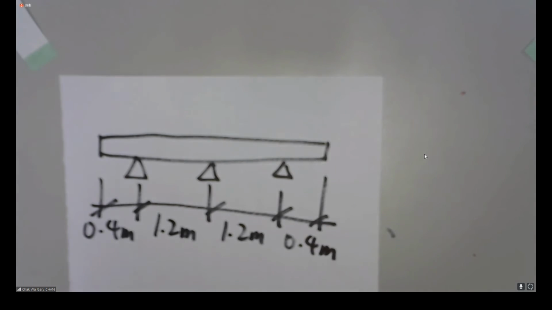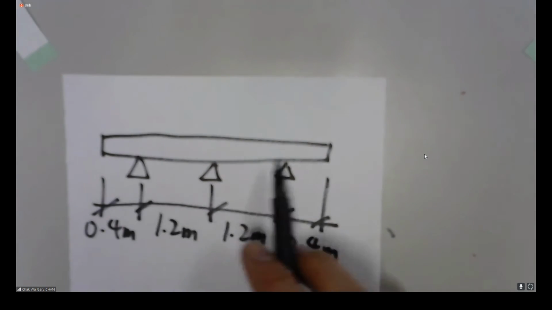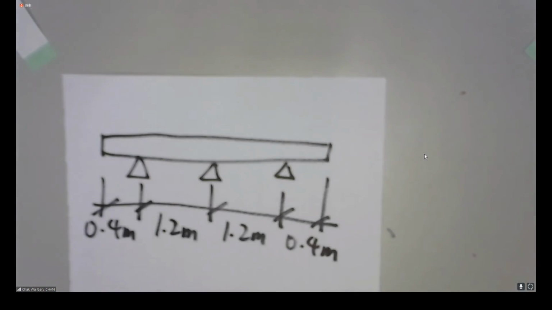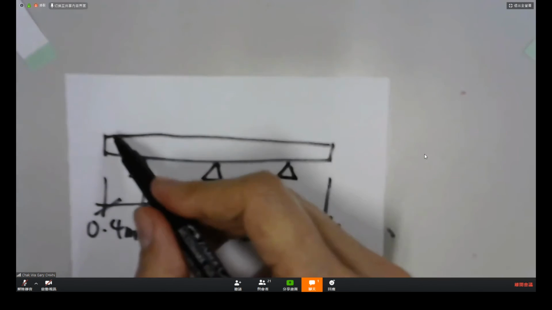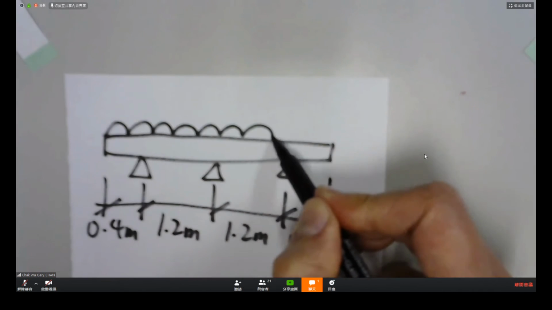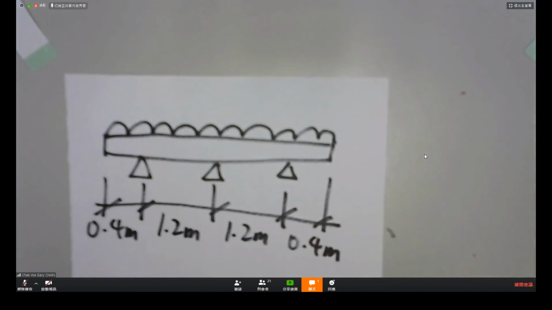So what is the type of loading putting on this member? Point load, UDL, distributed load, and in this example, you have a uniformly distributed load putting on the joist.